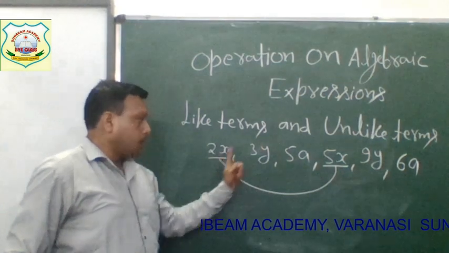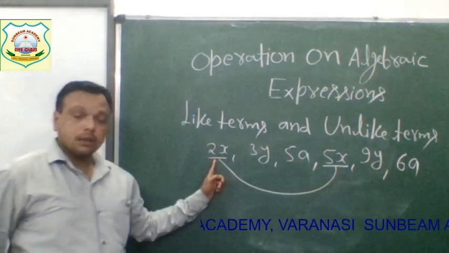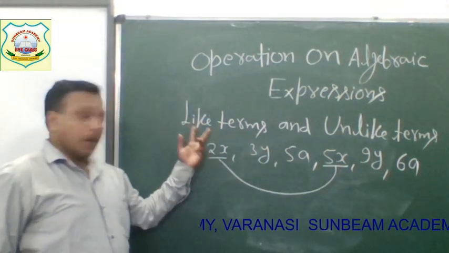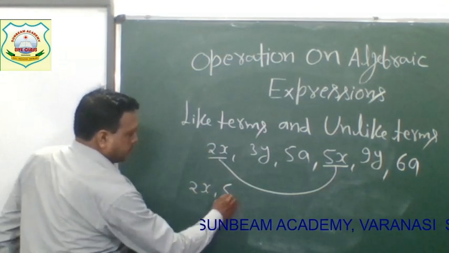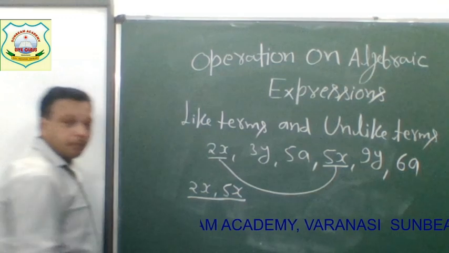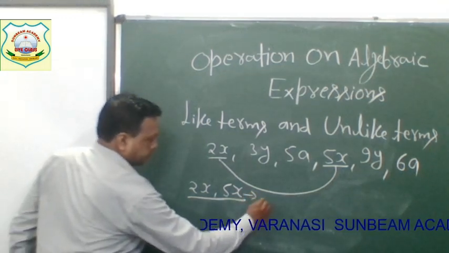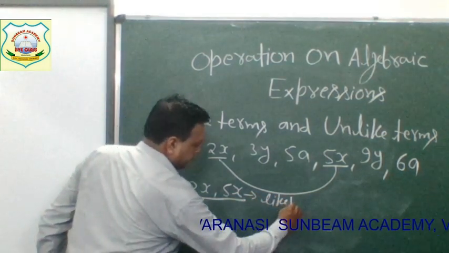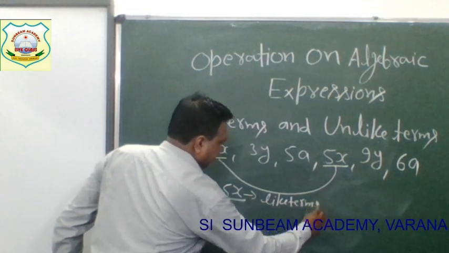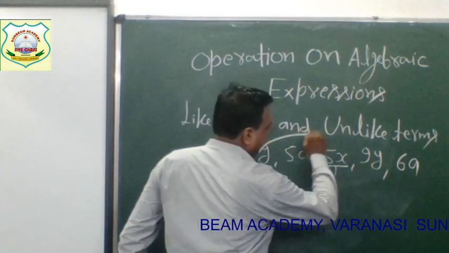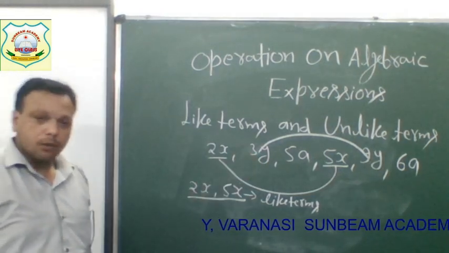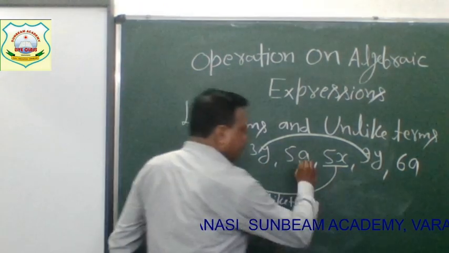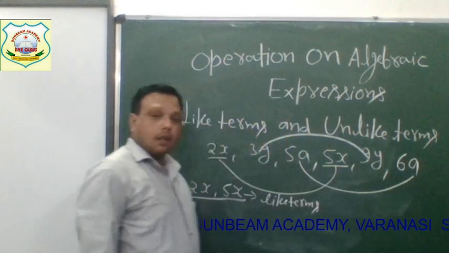If the variable is the same, it is a form of like terms. 2x and 5x are like terms. Similarly 3y and 9y are like terms, and 5a and 6a are also like terms.